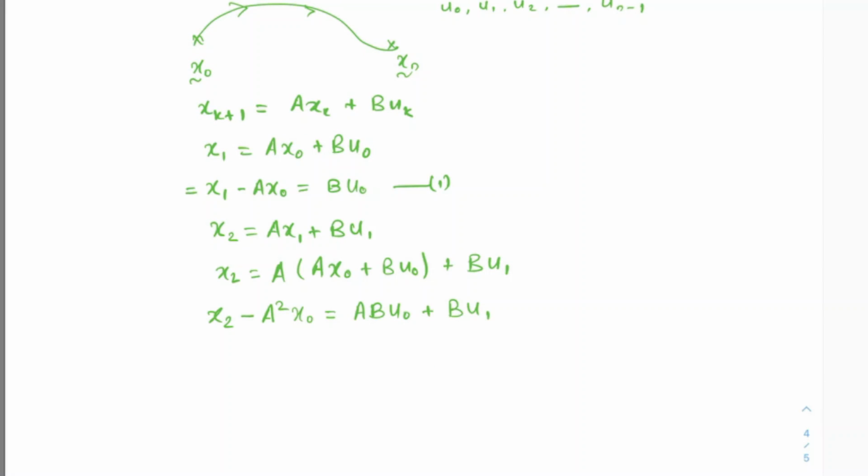Let us call the first one x bar 1, and this one x bar 2. Alright, so given the states and the initial state, with the assumption that we know them, we are trying to find a series of inputs. So far we have u0 and u1.